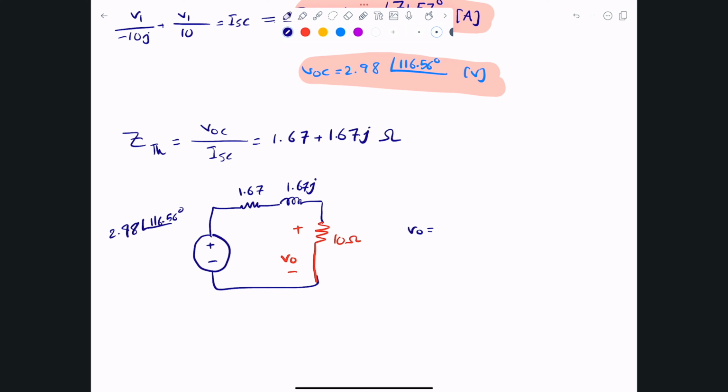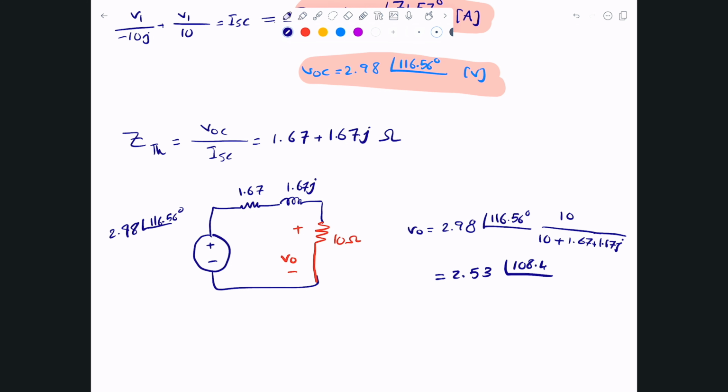V0 is just using voltage division 2.98, okay, and the angle is 116.56 degrees times 10 ohms divided by 10 ohms plus 1.67 plus 1.67J, and this answer will be 2.53, and the angle is 108.42 degrees, and this is in volts, and this is basically V0. This is the answer we've been looking for.